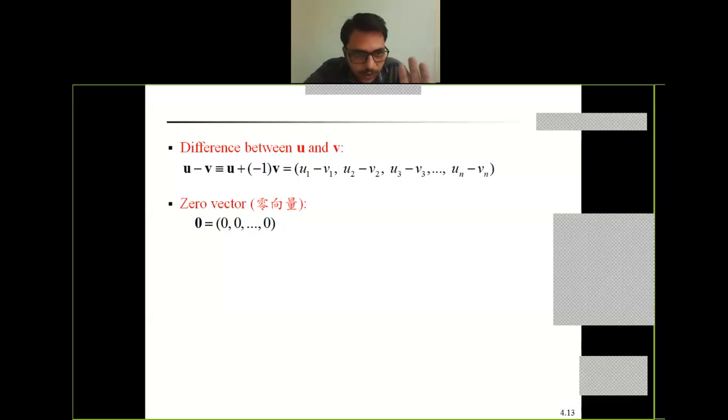That is the final statement. If the zero vector is not there, then we cannot say that the given space is a vector space. Please remember. While seeing the definition, you will get clear with all these points.